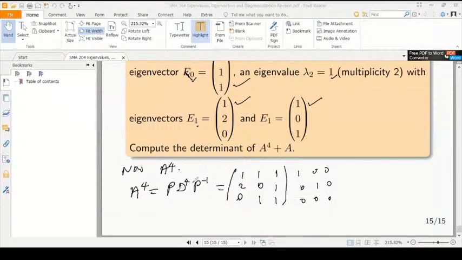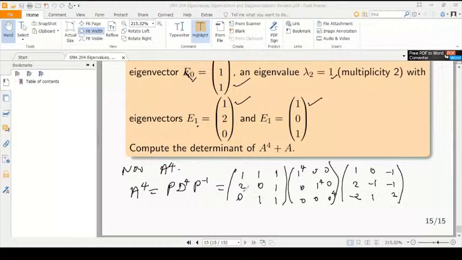Now, since we are taking D raised to 4, we just raise the numbers along this diagonal to 4, so that we have 1 raised to 4, 0, 0. 1 raised to 4 is just 1, and so on. And then followed by P inverse, which we found to be 1, 2, negative 2, and then 0, negative 1, 1, and then negative 1, negative 1, 2.